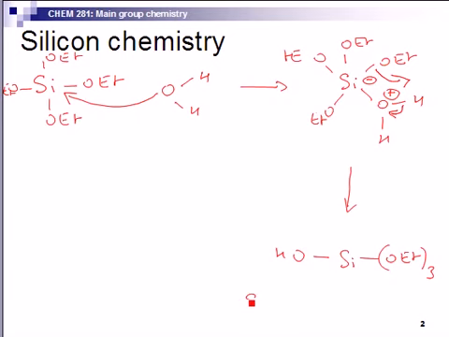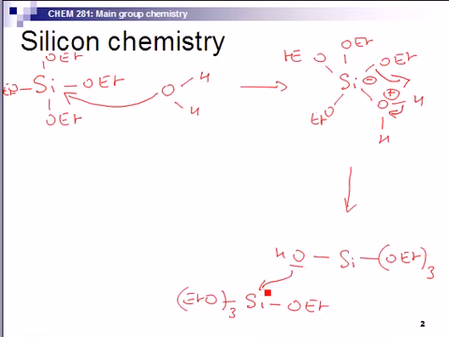What happens next is that another molecule of tetraethoxysilane next to it can also react, in a similar fashion as what water does.